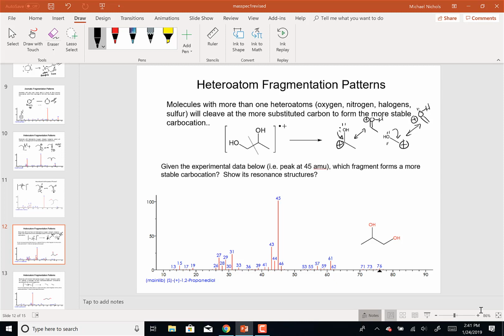So there would be my two resonance structures. You would have the ability to form the resonance structure. So what would each one of those weigh?